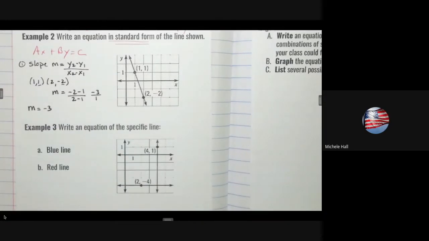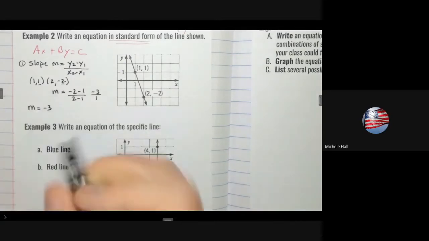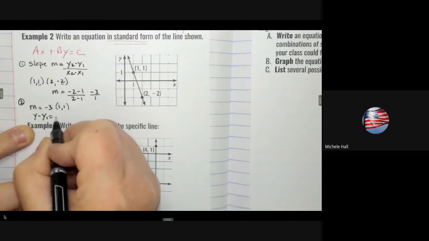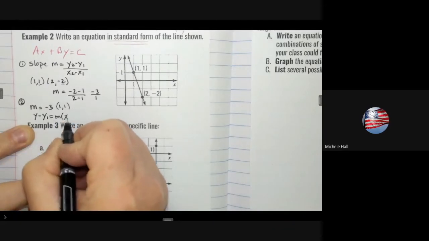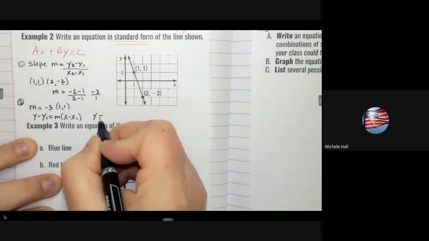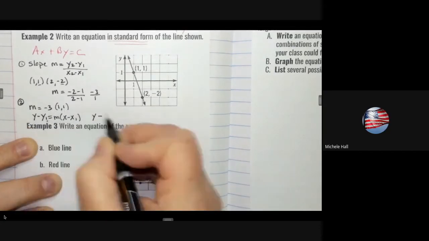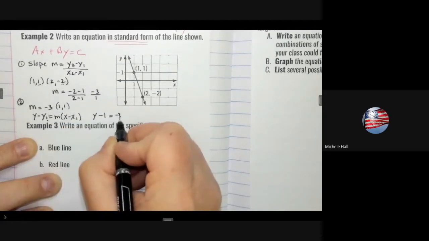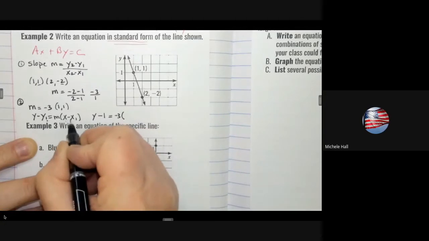I think that I will use the point slope form. So I'm going to choose the point 1, 1. Y minus y1 equals my slope times x minus x1. Y minus y1, my y is 1, equals my slope of negative 3 times x minus x1.